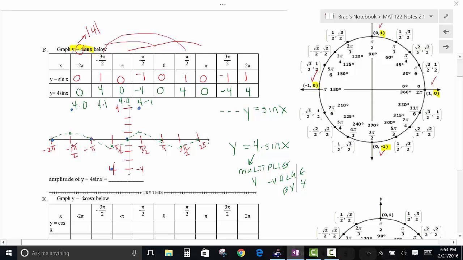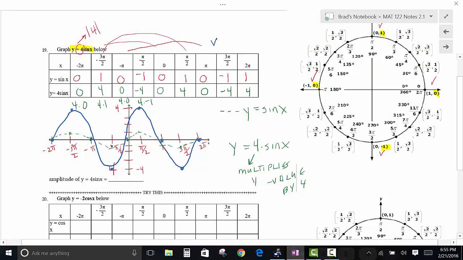So just go through and plot your points. And I think you'll see how everything works out. Now we're going to do kind of the nice smooth curves going through those points. This is so hard to do on this tablet. So that would be what your graph looks like, is like that. Okay? So that would be an example of the graph of y equals 4 sine x.